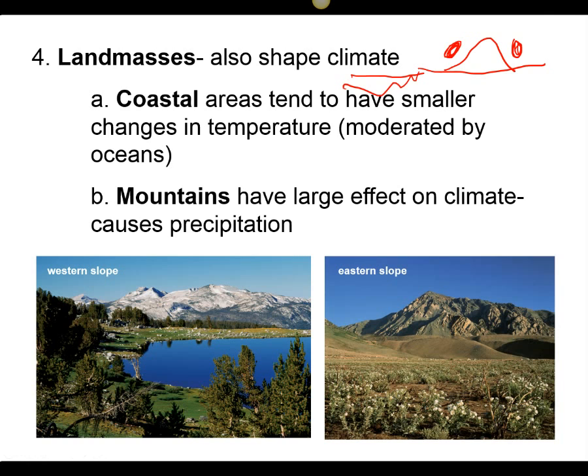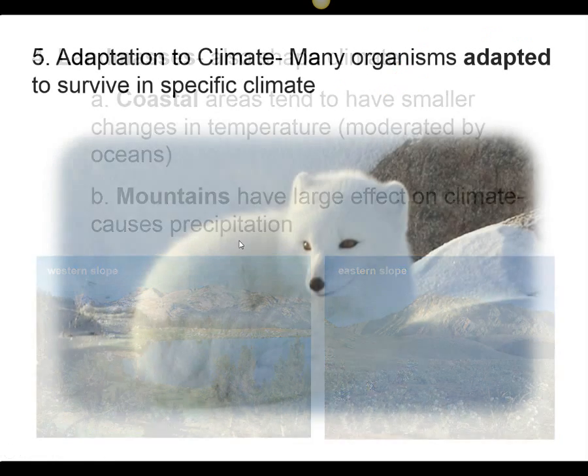And so they have a large effect on the amount of rain. The part of the mountain that gets most of the rain, because what happens is you have the ocean here, you have evaporation, you have condensation, and the mountain blocks this from going to the other side. And so the rain falls on this side and not on this side. And what you get are these two completely different climates.